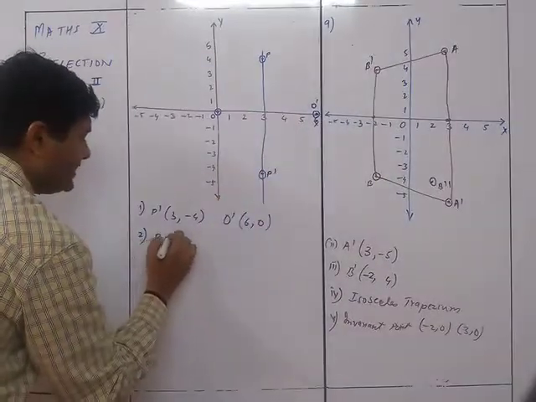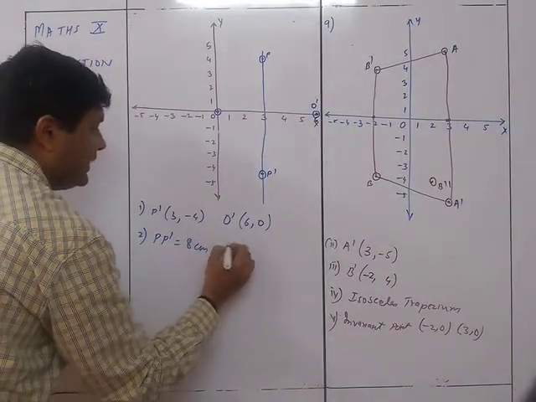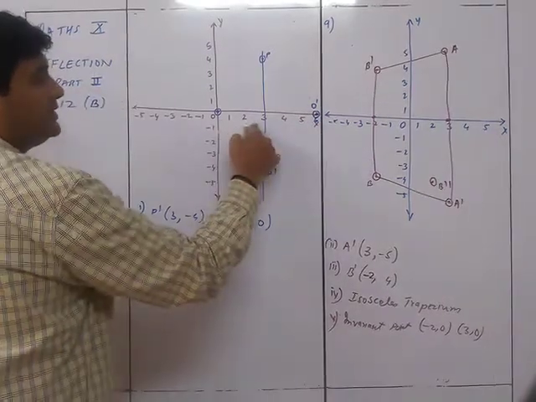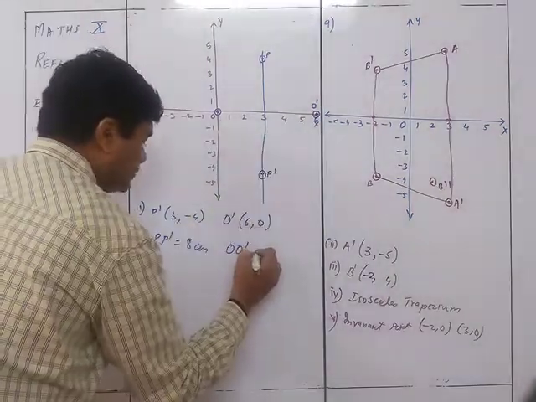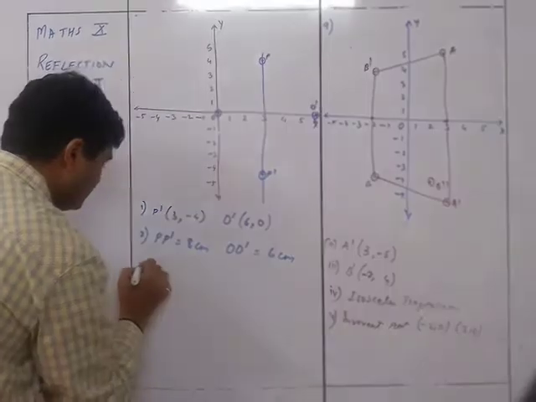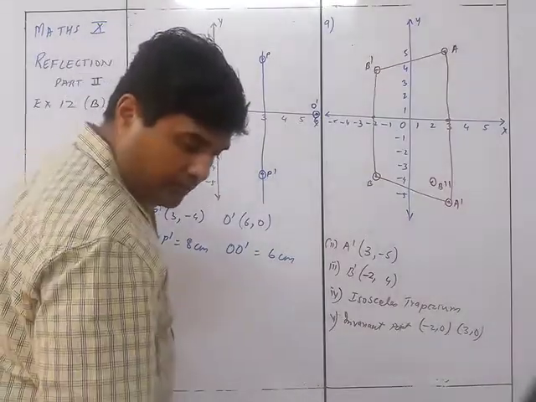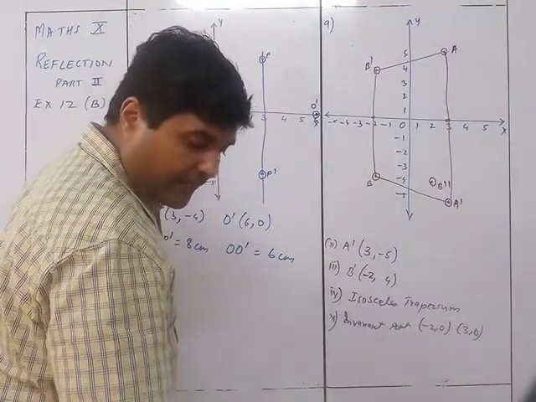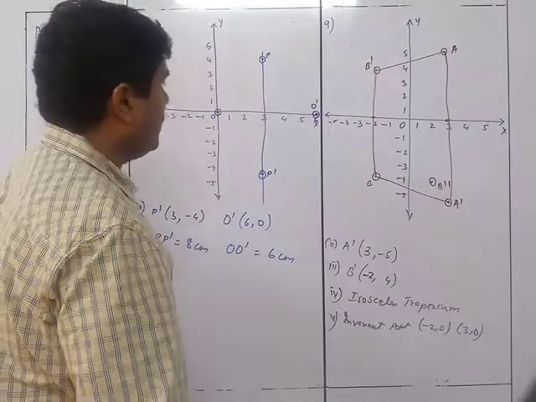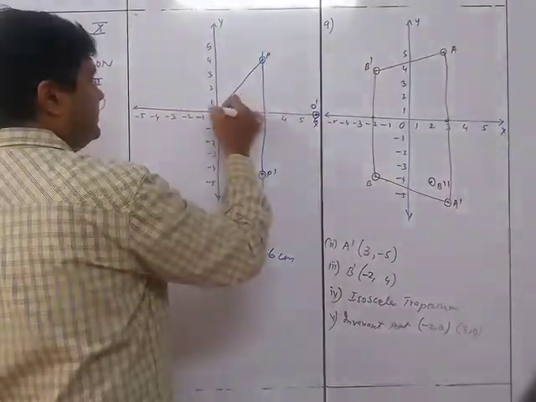So O P dash is equal to 8 centimeters and O O dash will be, this is 3 and this is 3, so 6 centimeters. Third question. The perimeter of the quadrilateral PO, so this is the quadrilateral.